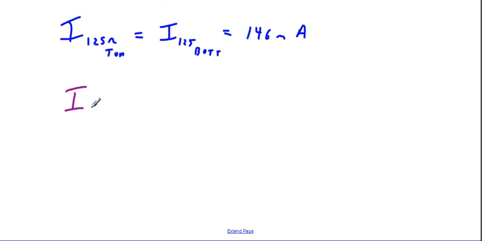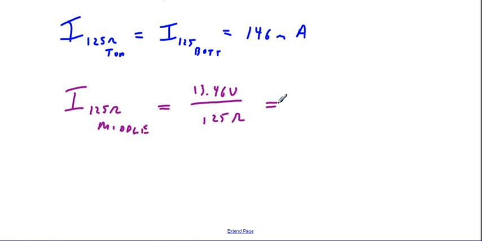So the current through the 125 ohm guy in the middle is going to be that voltage, 13.46 volts, divided by 125 ohms. 108 milliamps.